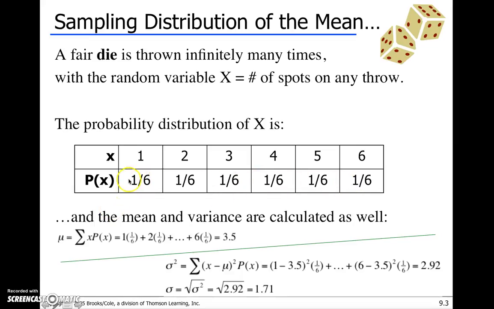So we can find the mean of x, the sum of x times p of x, which gives you 3.5. The variance, sigma squared, is the sum of (x minus mu) squared times p of x, which calculated in the usual manner gives you 2.92. And the standard deviation, the square root of the variance, is 1.71.